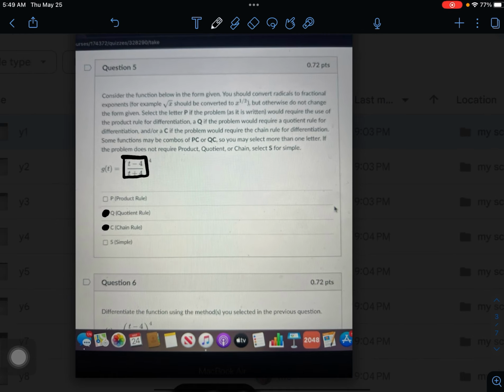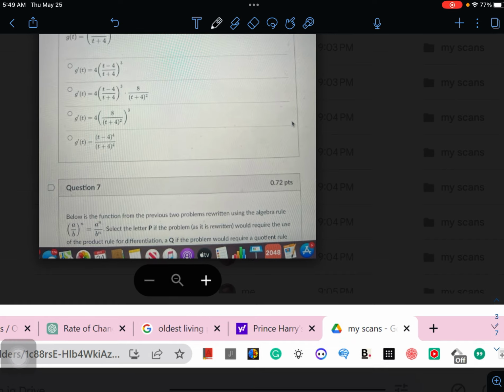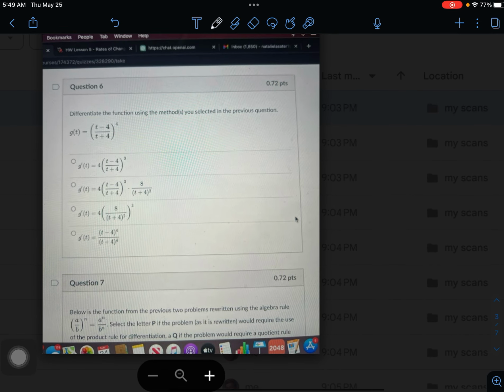Now, let's see if they're asking us to do it. Oh, they are. Okay, that's okay. Let's do it. Gotta be careful here. There's a lot of places you can make mistakes on this. And you know what?